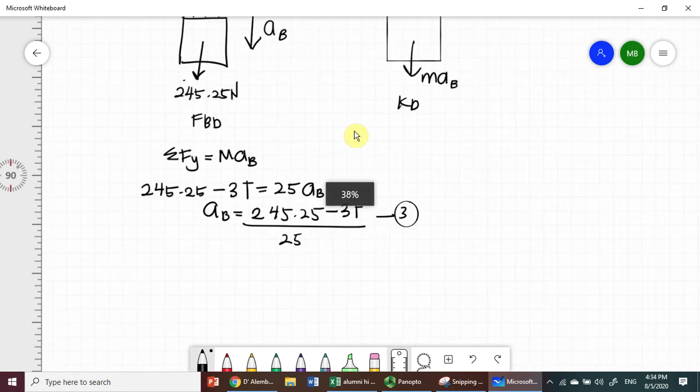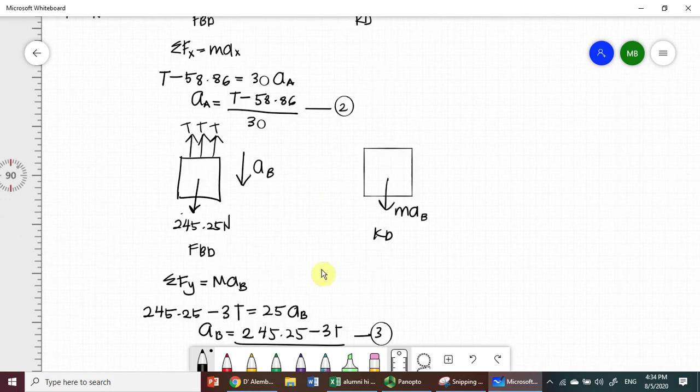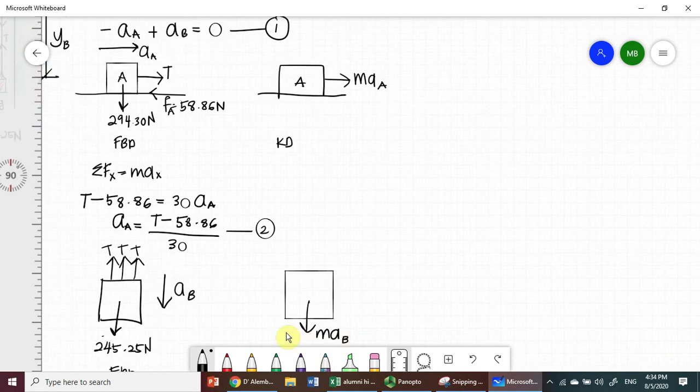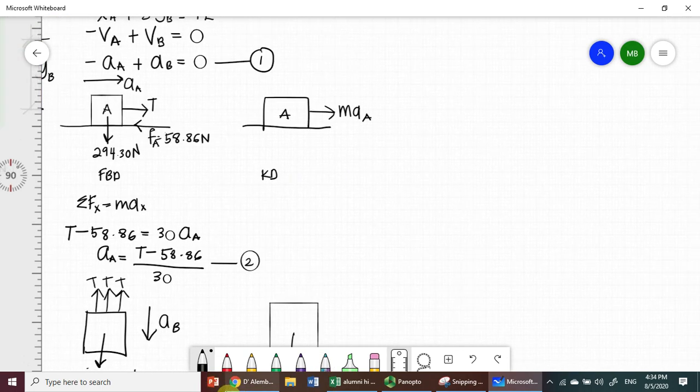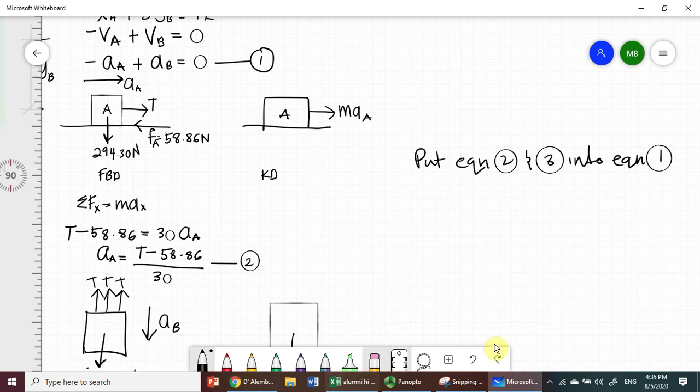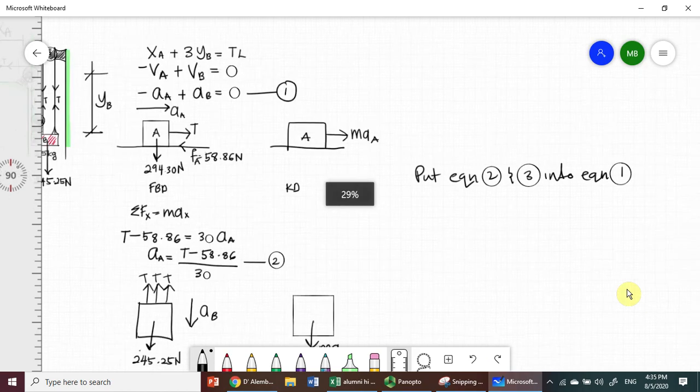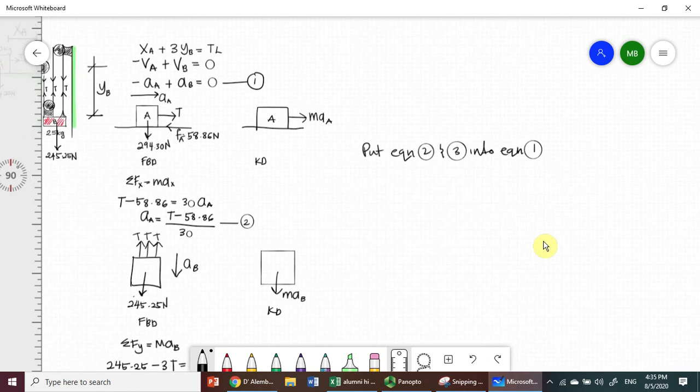So what you need to do now is put equations 2 and 3 into equation 1. Let's write down equation 1 again.